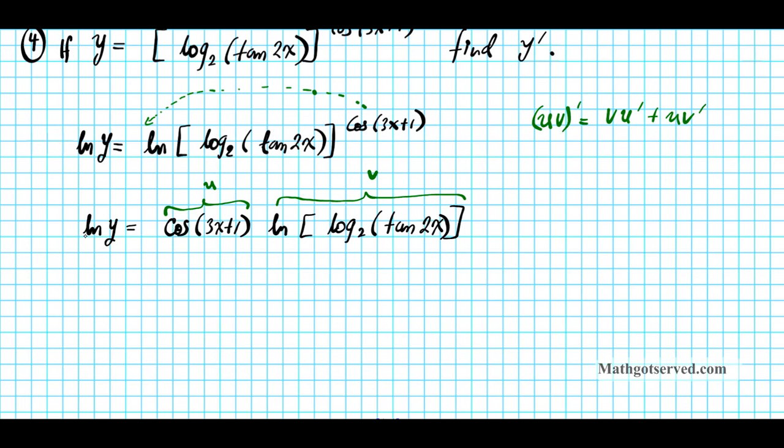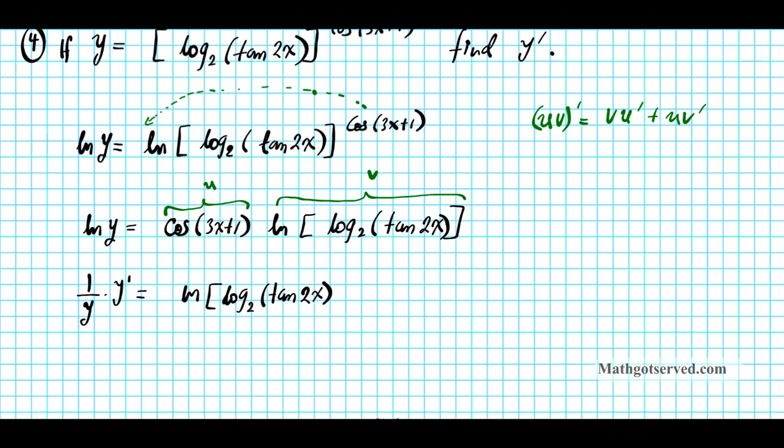On the left side, differentiating implicitly, the derivative of ln y is 1 over y times y prime, because we're differentiating with respect to x and the variables don't match, so we have to add this y prime component. Now we're going to use the product rule. v is the natural logarithm of log base 2 of tan 2x.